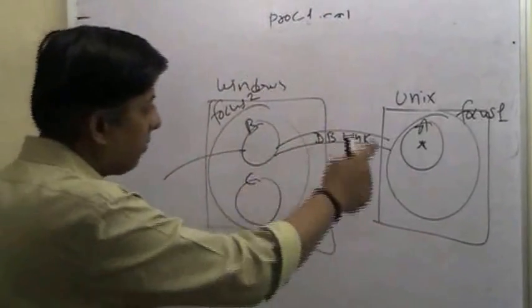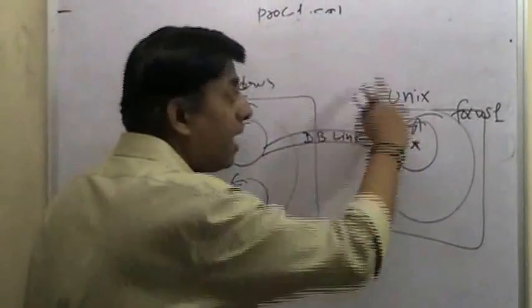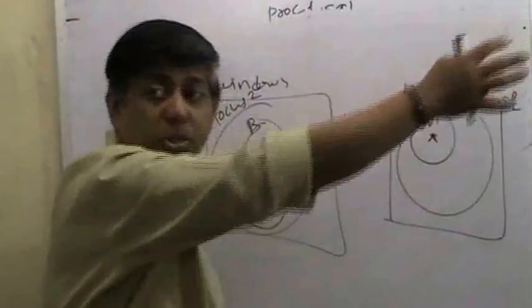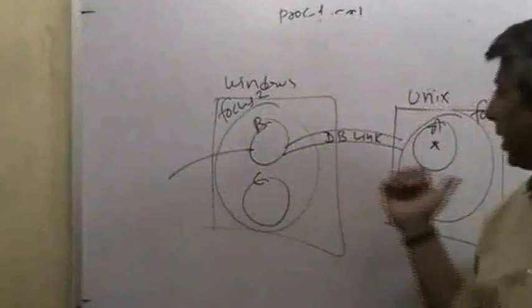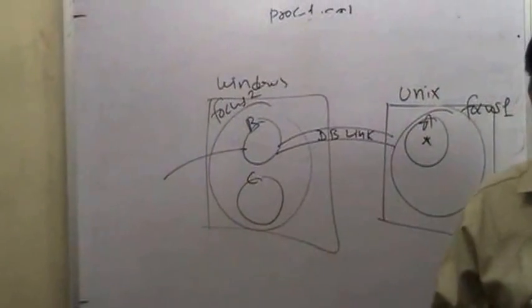But if you want to select from a table which is in a different schema and a different database, maybe on a different machine or maybe on the same machine, I don't care, then you have to use a DB link, and we will see how it works a little later.